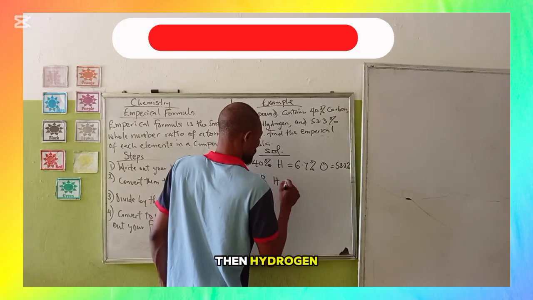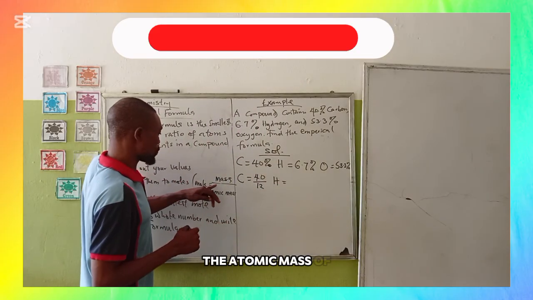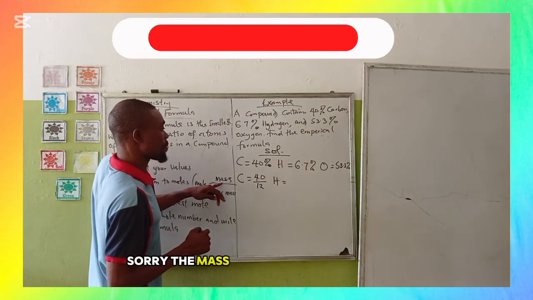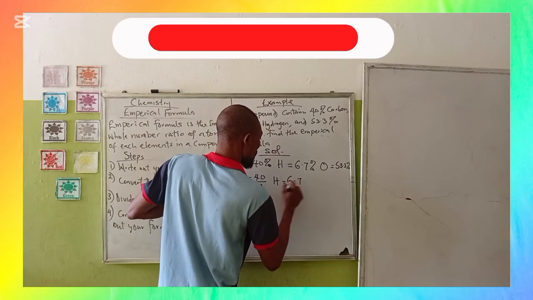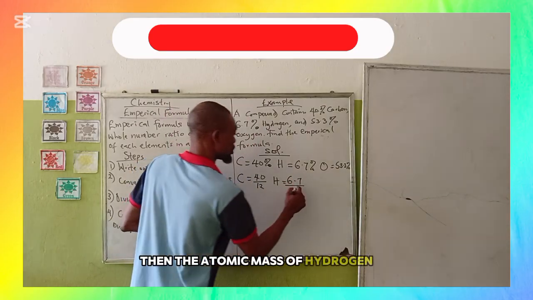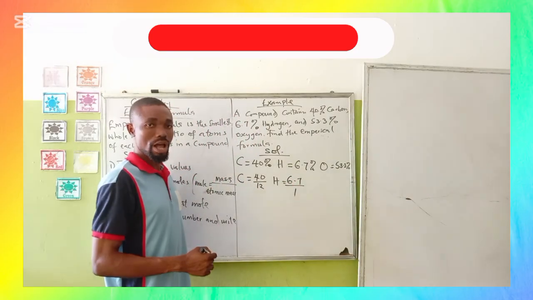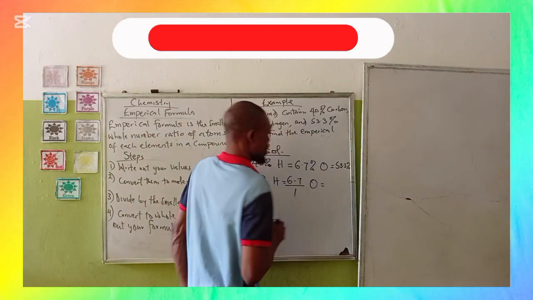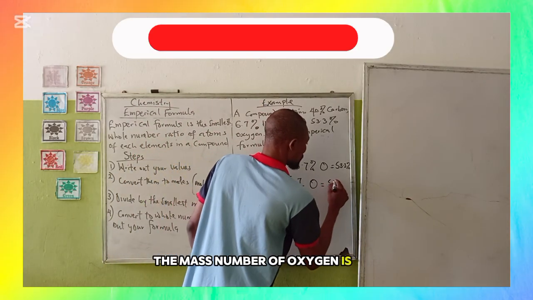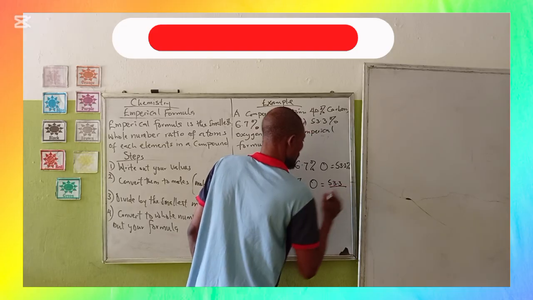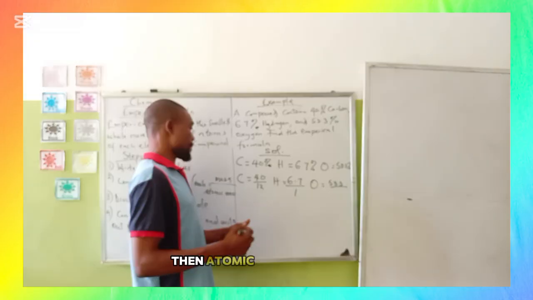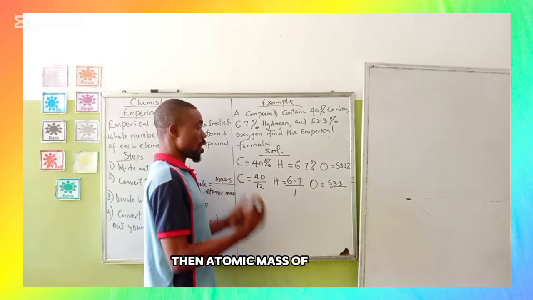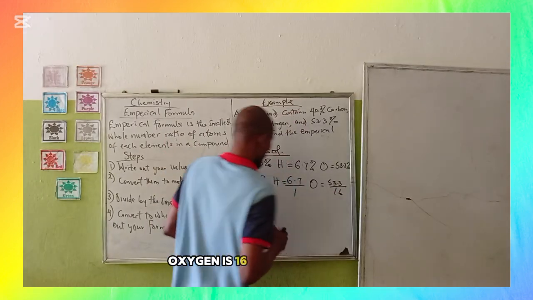Then hydrogen. The mass of hydrogen is 6.7, and the atomic mass of hydrogen is 1. Then oxygen. The mass of oxygen is 53.3, and the atomic mass of oxygen is 16. Now you divide.